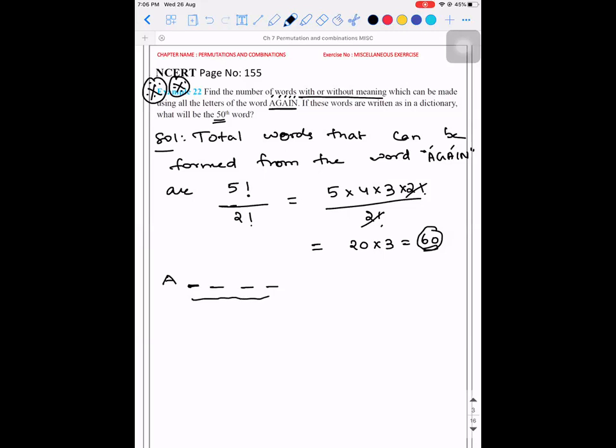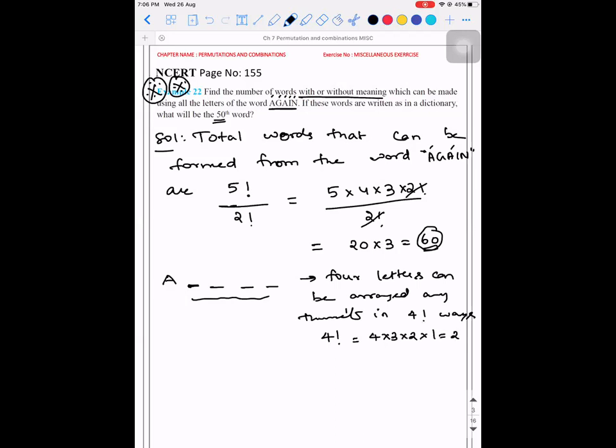The 4 blank spaces, and the letters I have in my hand are G, A, I, N. So the 4 letters among themselves can be arranged in how many ways? 4 factorial ways. What is 4 factorial? 4 into 3 into 2 into 1. So it is 24. I have finished 24 words which are starting with the letter A.